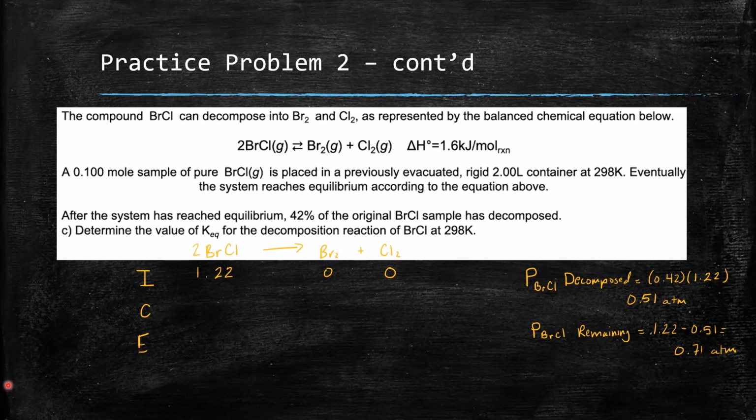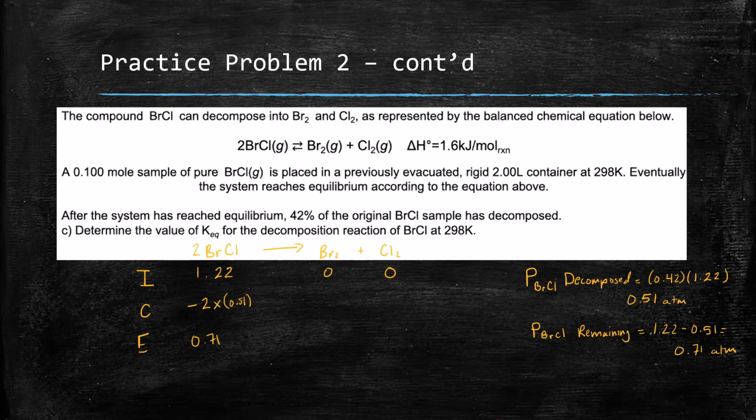And so if we subtract that out, we get 0.71 atmospheres. And so that is going to be our X. And so we have 0.71 atmospheres. Now, let me go ahead and explain this minus 2x here, and then I'm multiplying that by 0.51. So the 2x is coming from the 2 coefficient in front of the BrCl.